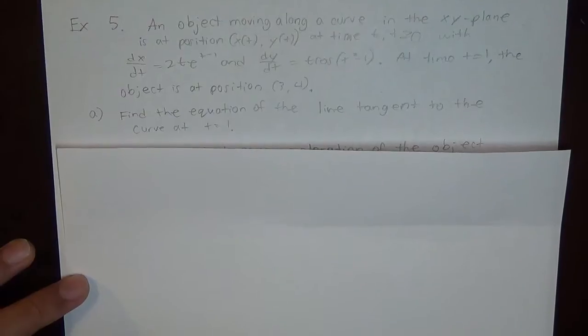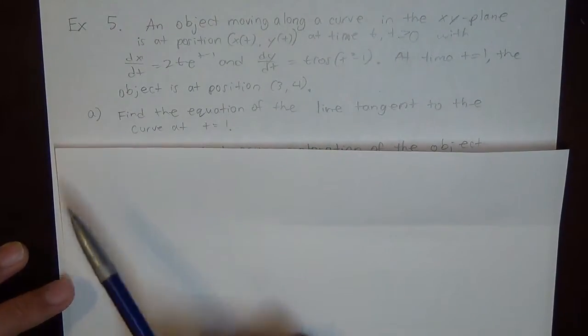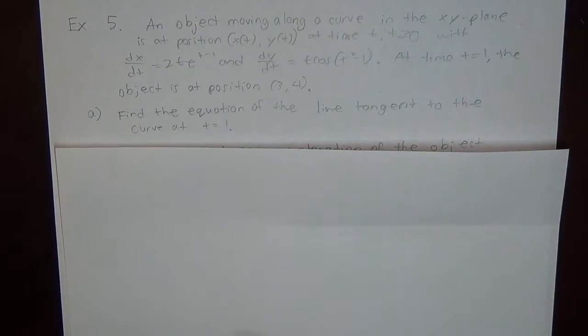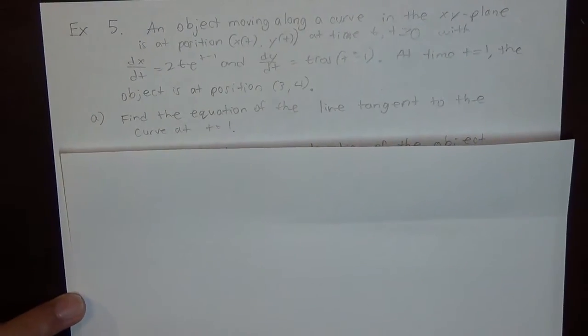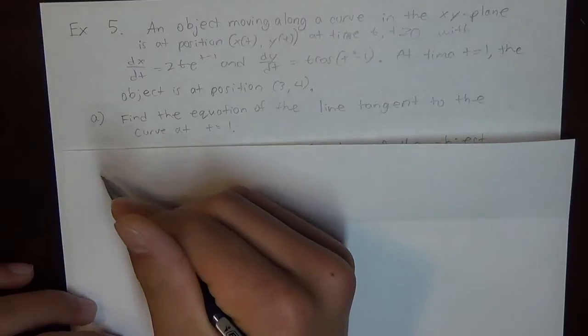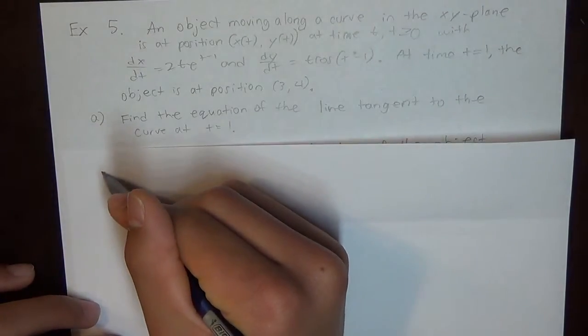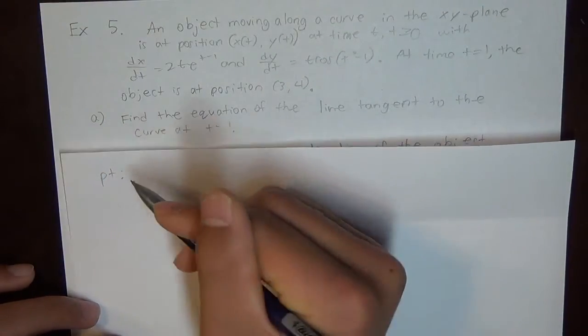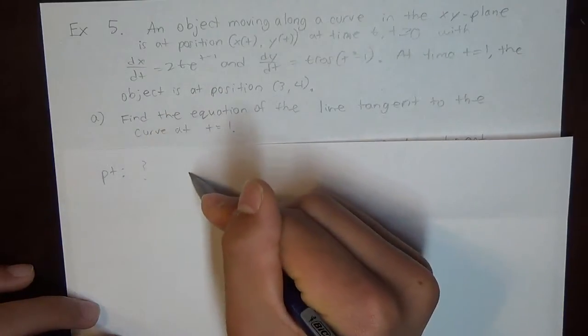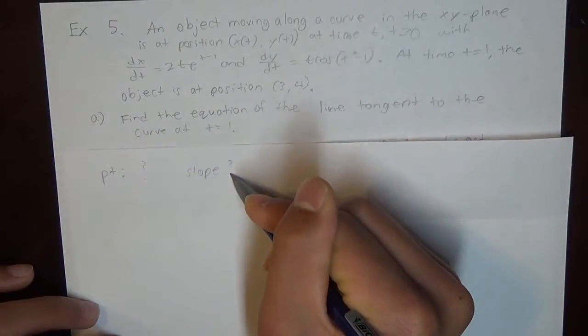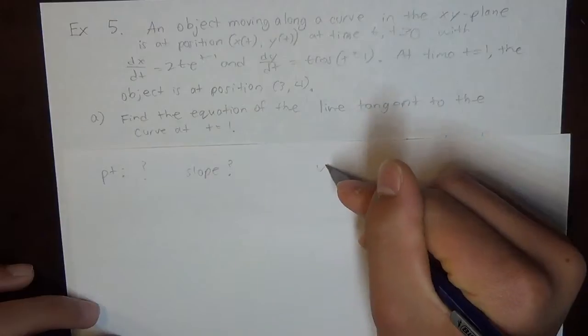For part A, it says, find the equation of the line tangent to the curve at t equals 1. So for tangent lines, really all you have to do is find the point and find the slope. That's what you need for a tangent line, right? Because we're going to use this equation.